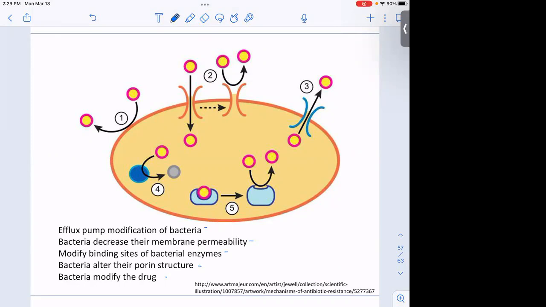It's nice to have a picture attached to some mechanism, so see if you can match those up. We'll look at that, and I'll put the answers up at the beginning of next lecture. So look that over and ask me if you have any questions. Okay. Questions or comments about antibiotics, resistance, anything that we've talked about?